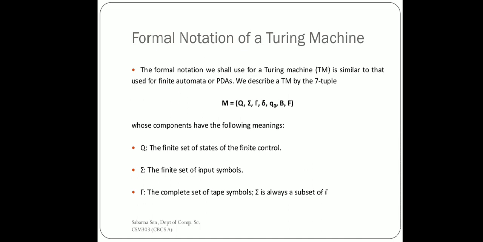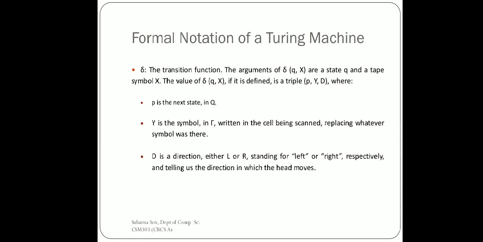The input symbols will always be a part of the tape symbols, except this B, the blank symbol. The blank symbol is left with the tape symbols only. It is not a part of the input symbols, but whatever the input symbols consist of will always be a part of the tape symbols.